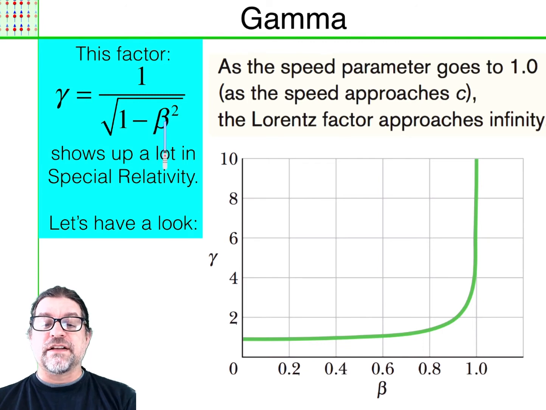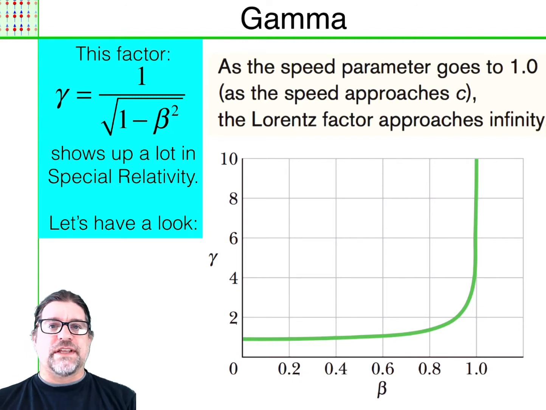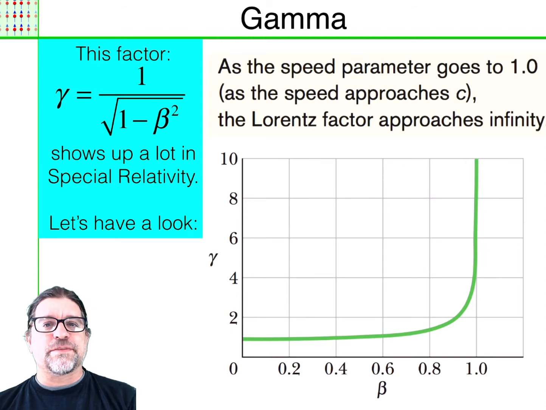If I plug in a speed of 2c, I end up with a square root of a negative number here and our equations fail. So the speed parameter, beta, can go from 0 to less than 1. If it hits 1, it's undefined. And if it goes past 1, it's an imaginary number. So this sets an upper limit on the speeds that we can describe with special relativity.